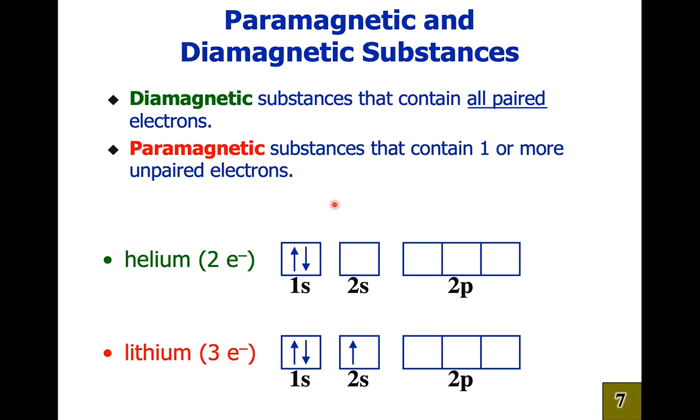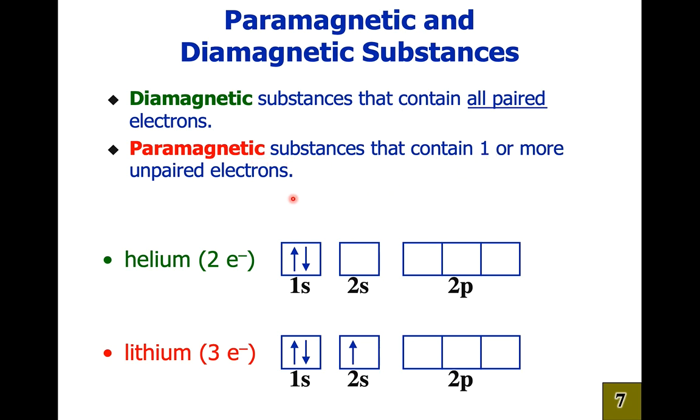Finally, you can be asked about paramagnetic and diamagnetic substances. So, for example, helium here, it has 2 electrons. The 2 go into the first box, up, down. So it has as many up electrons as down electrons. Whereas lithium has 2 up electrons and 1 down electron. When we have unpaired electrons, which is what we would call this guy, this unpaired electron causes the atom to be paramagnetic.